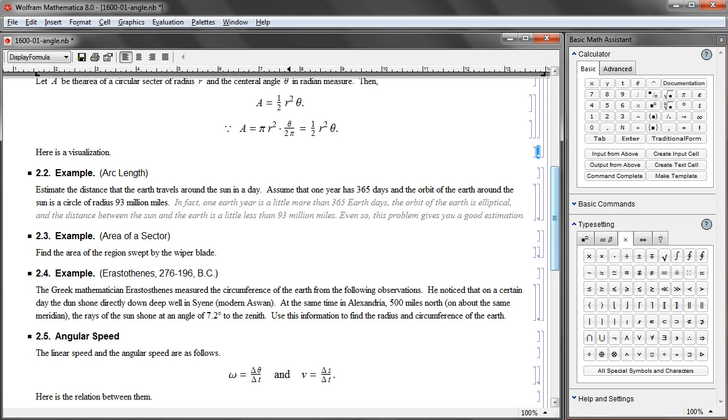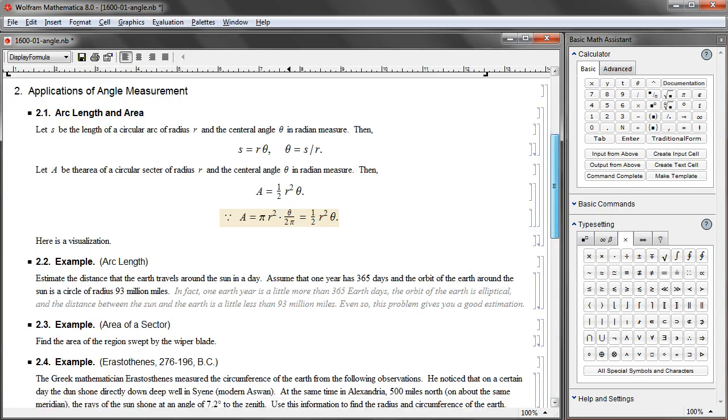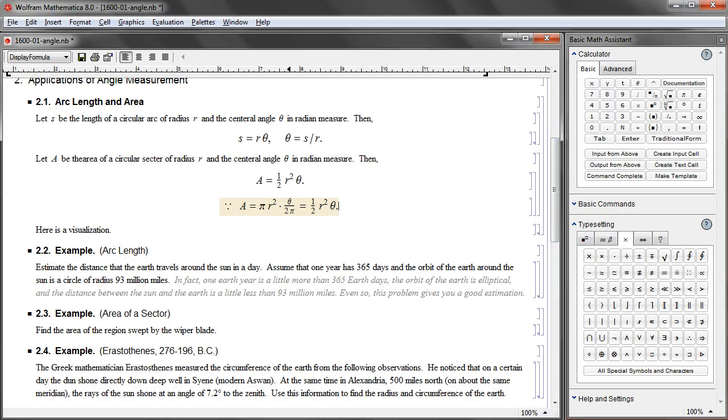Please remember these two formulae, the arc length formula and the area formula. Then let's do a couple of exercises. Exercise 1: estimate the distance that Earth travels around the Sun in a day. Assume 1 year is 365 days, approximately, and the orbit of the Earth is a circle of radius 93 million miles.